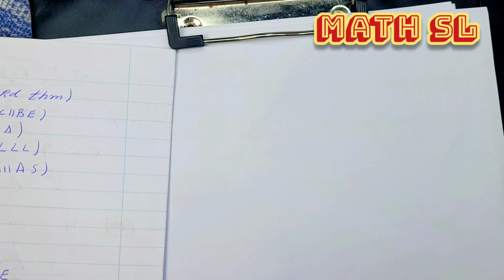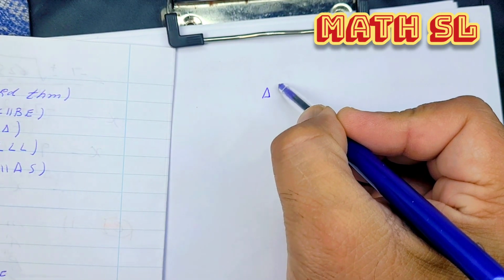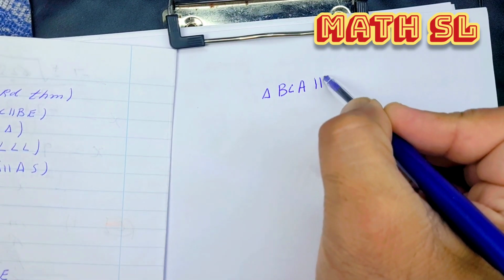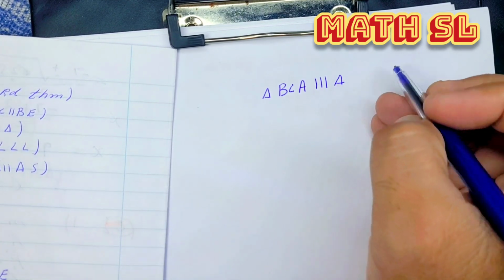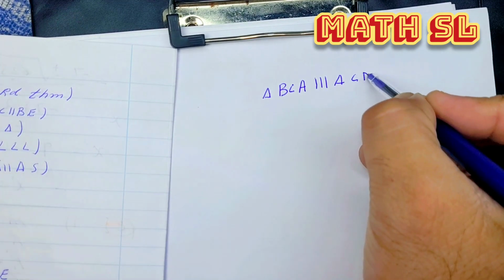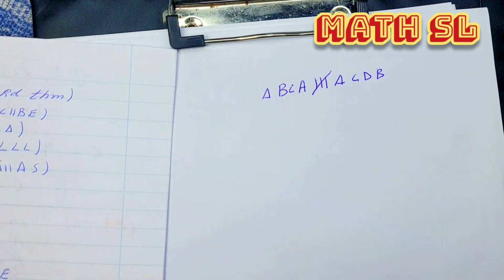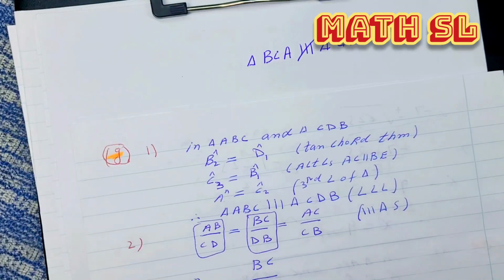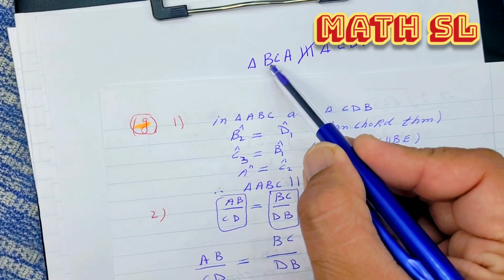Look here. Triangle BCA similar to triangle CDB. This is wrong. Why? Because, have a look here, B goes with D. So how can you make B with C?